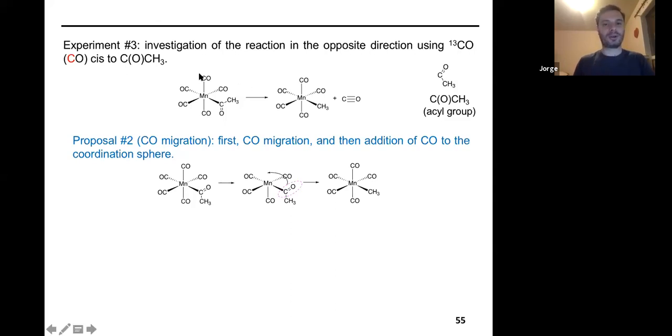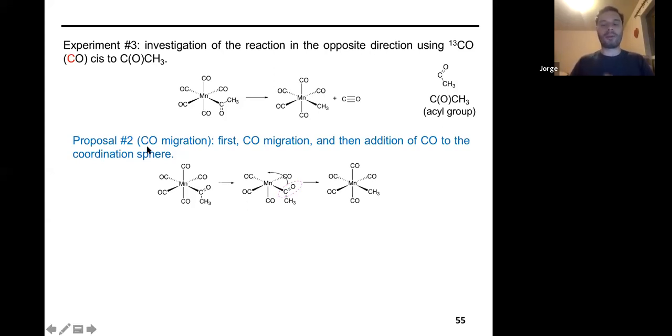Now we are going to label this ligand with carbon 13. It is cis to the acyl group, and let's take a look at proposal number 2 and proposal number 3 and see what are the products predicted by each of the proposals.